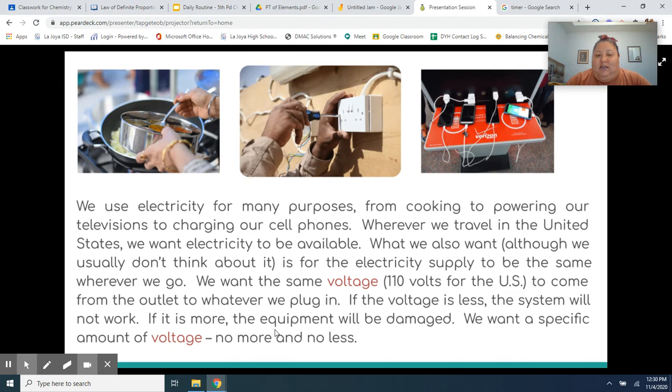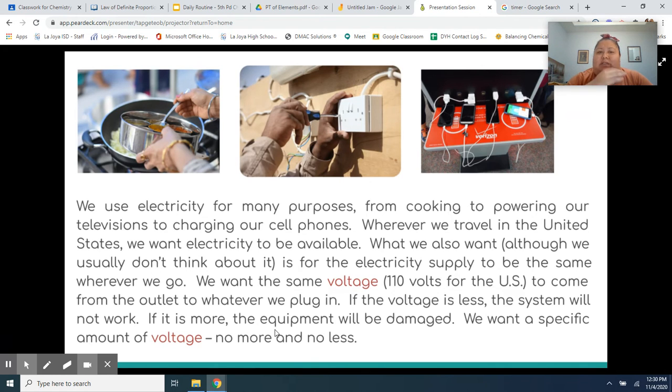This is really important because if your wiring is old, that usually means you're not getting enough electricity supplied, because the wiring can't handle it. So your voltage is low.